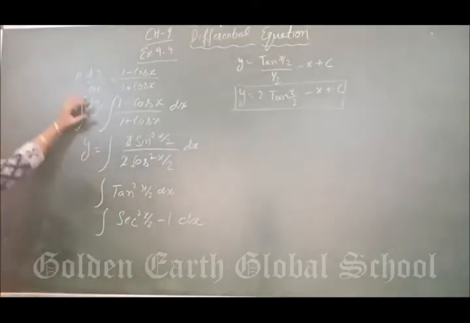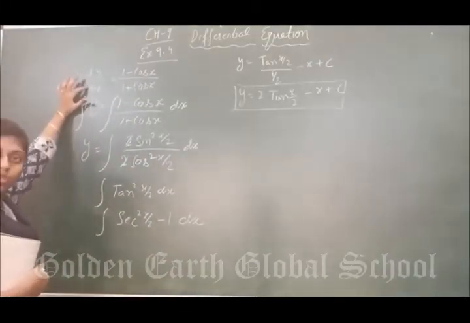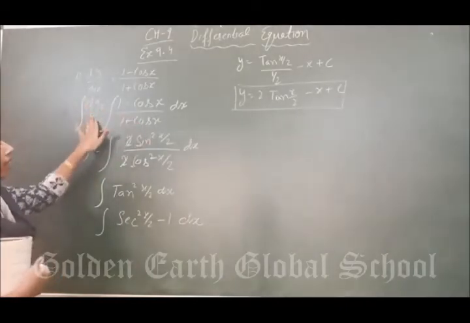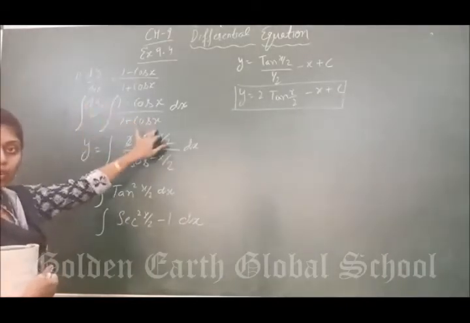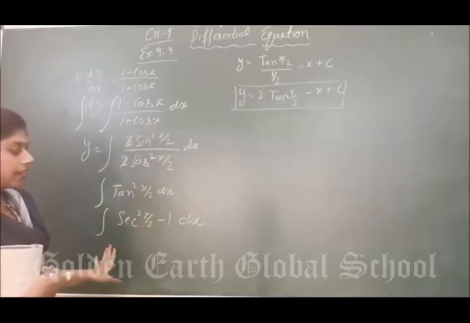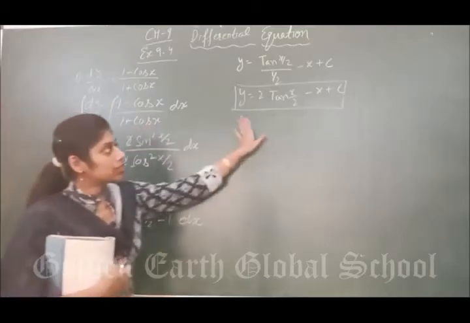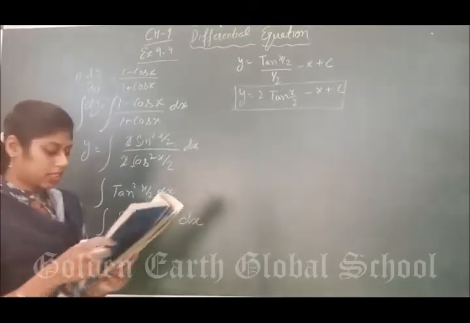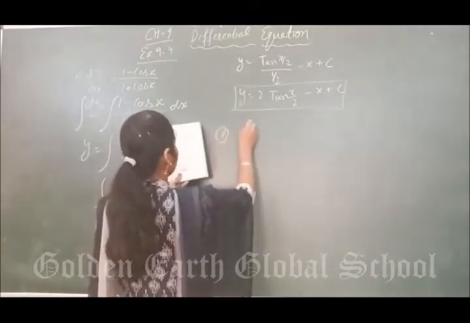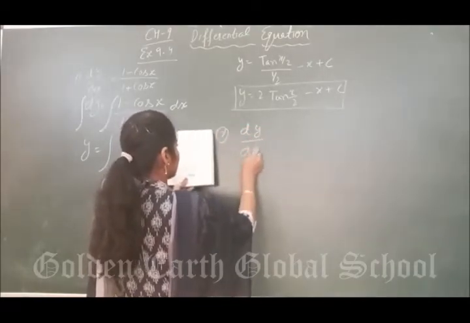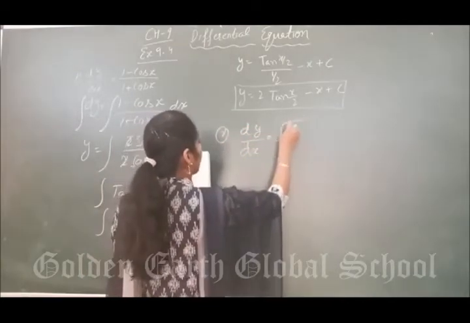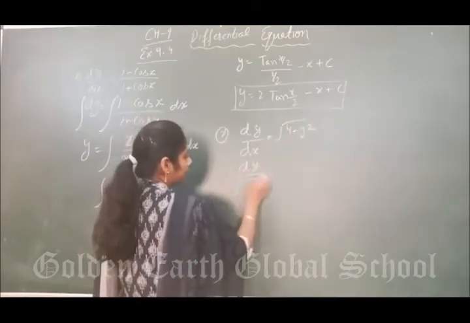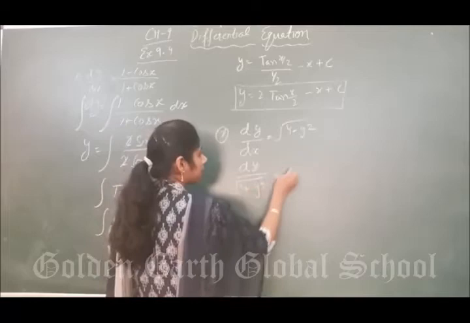Clear? In these questions, the differential equation will be given to you. First of all, separate the variables, y variable on the left hand side, x variable on the right hand side, then take the integration. Clear? See, second question: dy by dx equals root of 4 minus y square. Now left hand side: dy upon under root 4 minus y square equals dx.